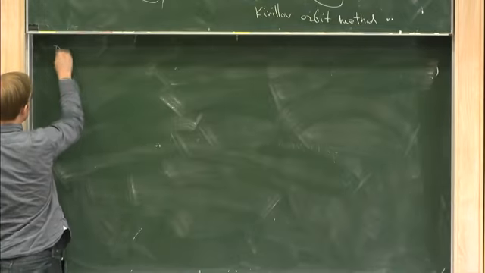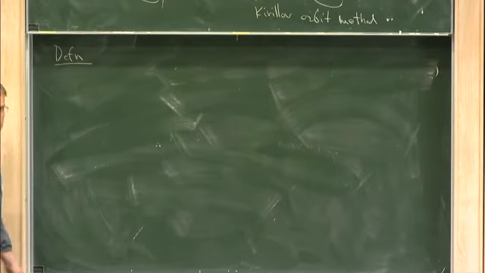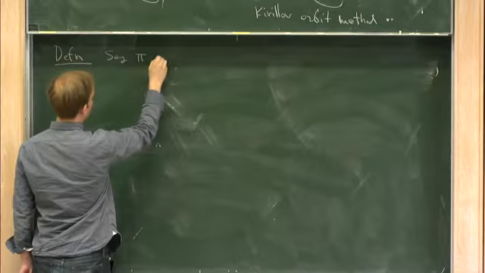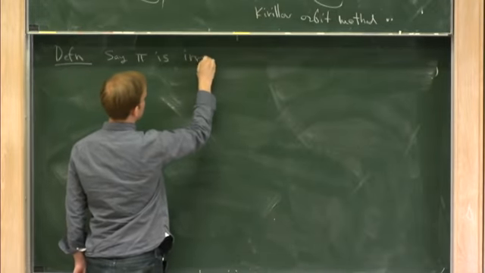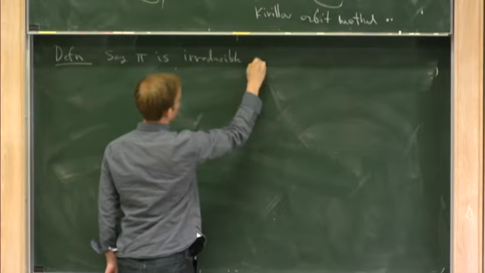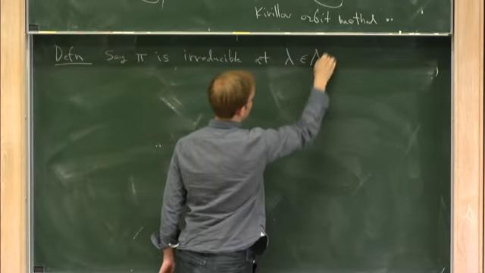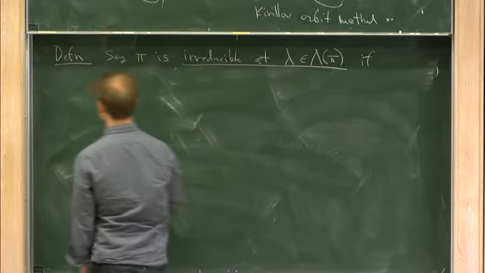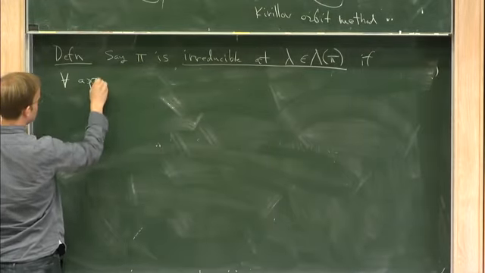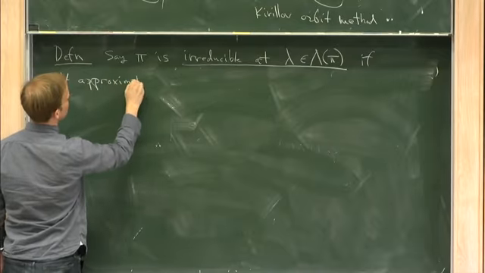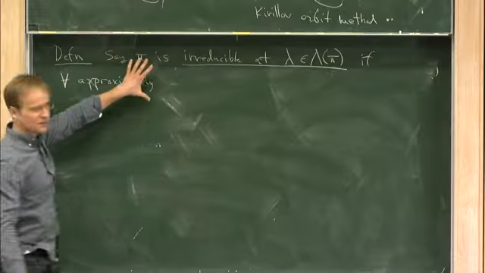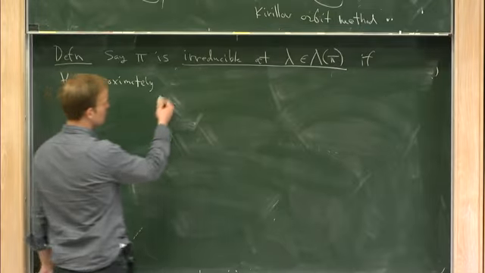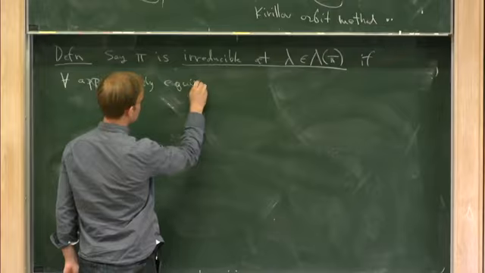So the definition we'll take: we just say that pi is irreducible at some specific lambda in lambda of pi if, for each, so in the earlier Schur's lemma, which we could think of as a kind of converse to, or as a definition of irreducibility, we took all equivariant operators.